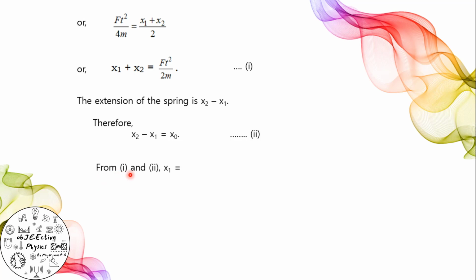From equations 1 and 2, we can write x1 is equal to 1 by 2 into Ft square by 2m minus x naught, and x2 is equal to 1 by 2 into Ft square by 2m plus x naught. Observe here, from equations 1 and 2, we can get the x1 formula as well as the x2 formula. Next question.